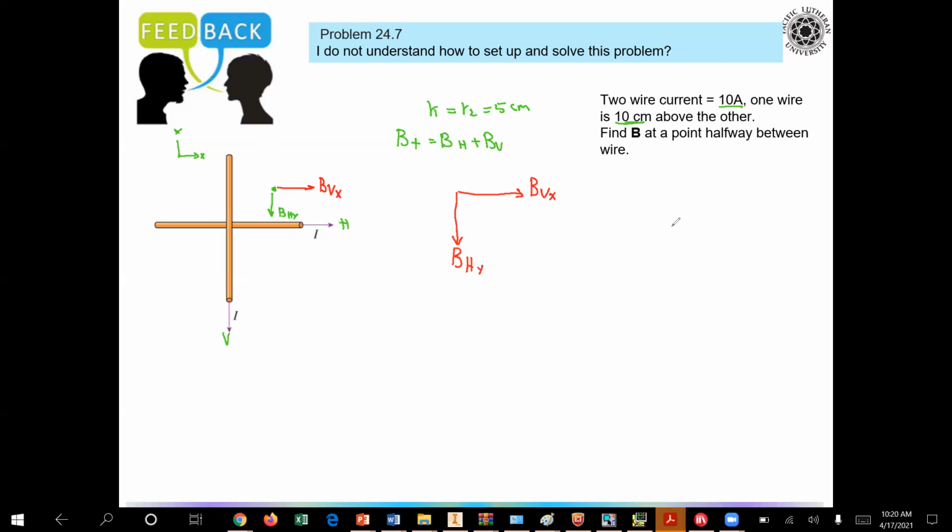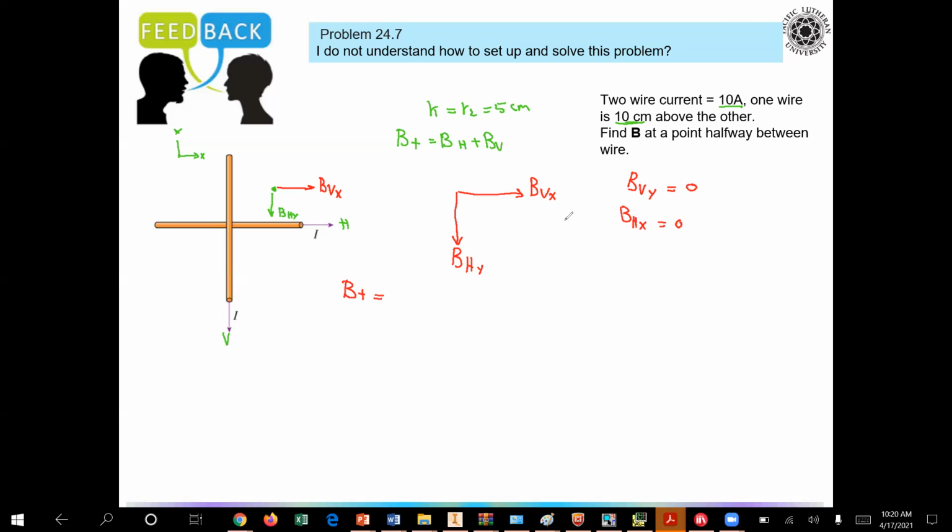So now we have to write down our magnetic field components. Here is the B total. If you want to be accurate, B vertical in the Y direction is 0. Similarly, B from the horizontal wire in the X direction equals 0.